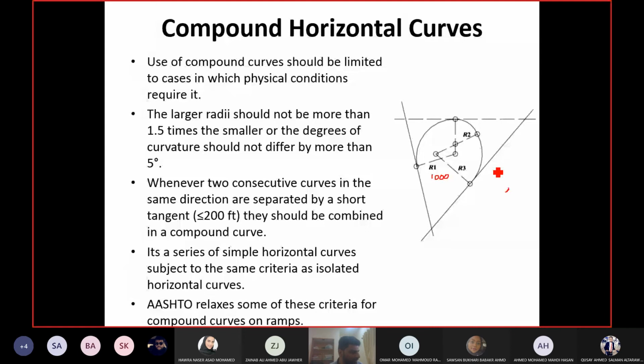1000 upon 1.5 is how much? Is this so difficult to do, 1000 upon 1.5?